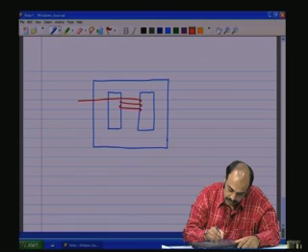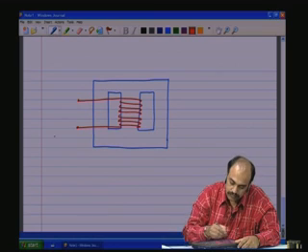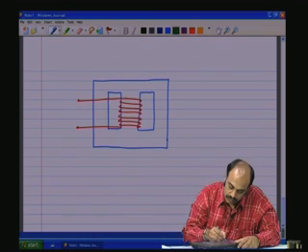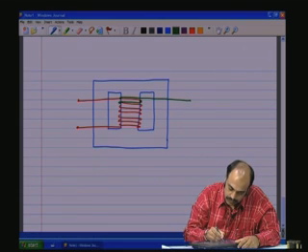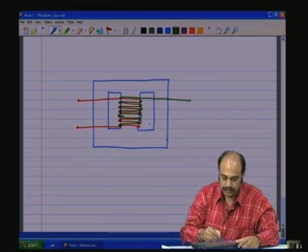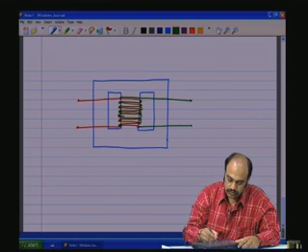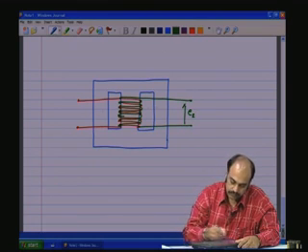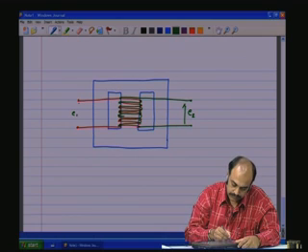So, let us say this is the primary and the secondary is also wound onto the same central limb. So, they are wound one about the other with an insulation layer in between. So, this would be the secondary. This is the E2, this is E1.